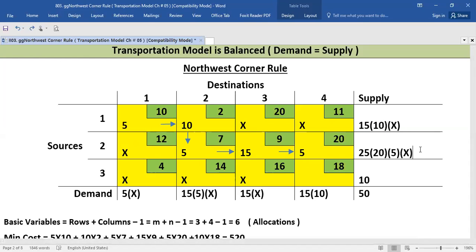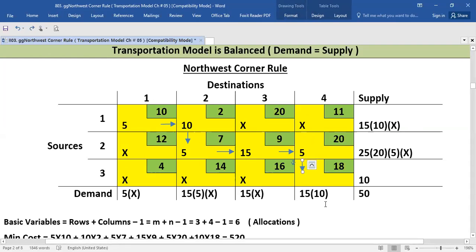Now, which way will we move? Here we have a cross sign above this 5. Here we cannot move back, and above this the cell is filled with a cross sign and there is no demand. Now obviously we will move down like this, putting the arrow sign.